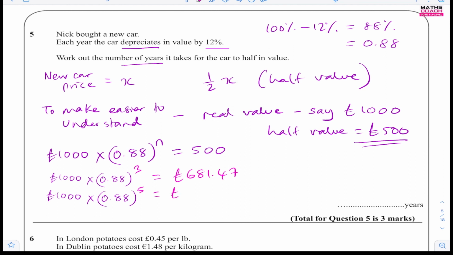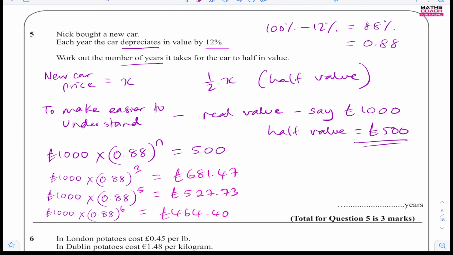I just chose 5, and 5 gives me 527.73, which is coming closer to the value of 500, but I'm going to check to see if 6 is any closer. So when I do to the power of 6, I get £464.40.